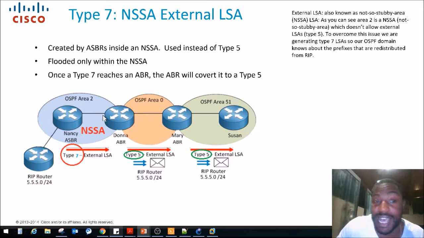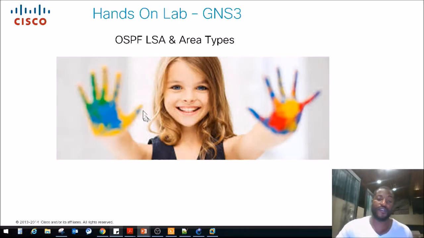Type 7s aren't allowed to go into other areas, as you can see here. And Area 2 is an NSSA, which doesn't allow external LSAs. To overcome this issue, we're generating Type 7 LSAs, so our OSPF domain knows about the prefixes that are redistributed from RIP. So Type 7 gets flooded into this, and then it gets converted into a Type 5, as you can see. So let's go ahead and fire up GNS3.